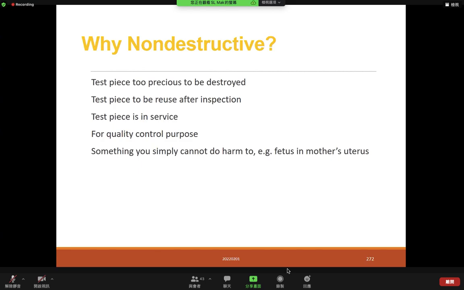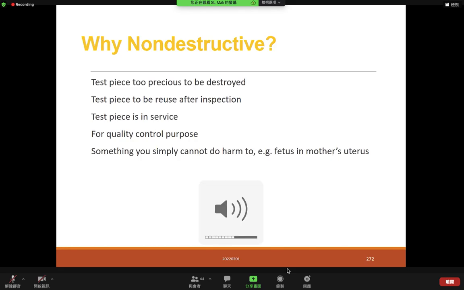Why do we use non-destructive testing instead of traditional destructive testing? Because the test pieces are too precious to be destroyed, and the sample will be used after inspection, and the purpose is just for quality control.